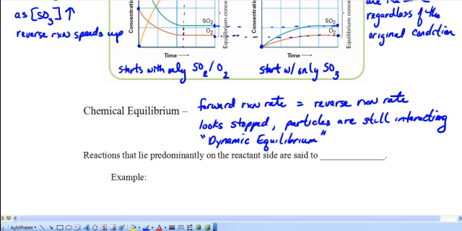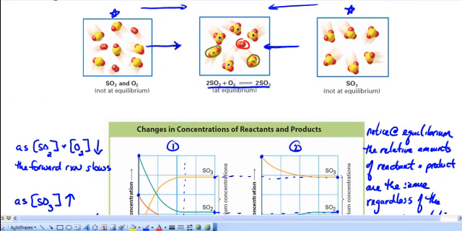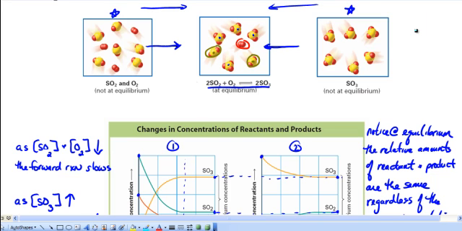Now, in terms of a dynamic equilibrium, it would look something like this. If I scroll back up to the top and show you some pictures of molecules, if I traced, and let's go with kind of this teal color, this particular molecule, that might collide with an oxygen here to form, say, this sulfur trioxide.